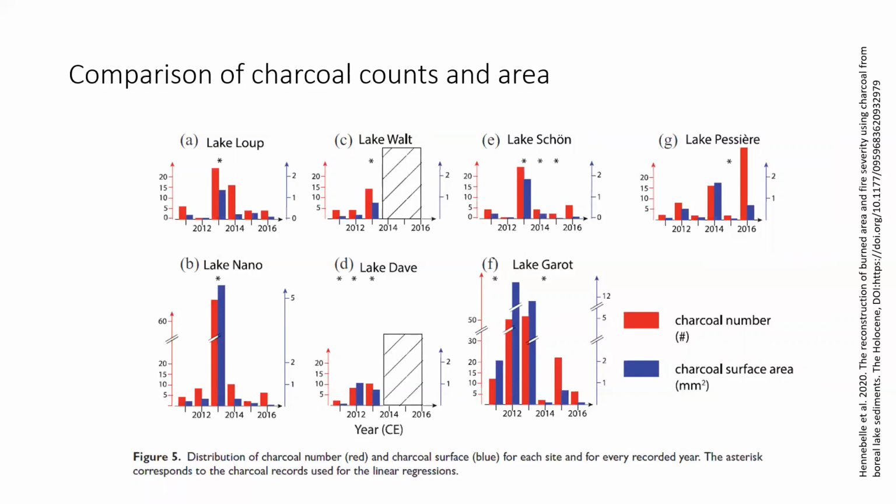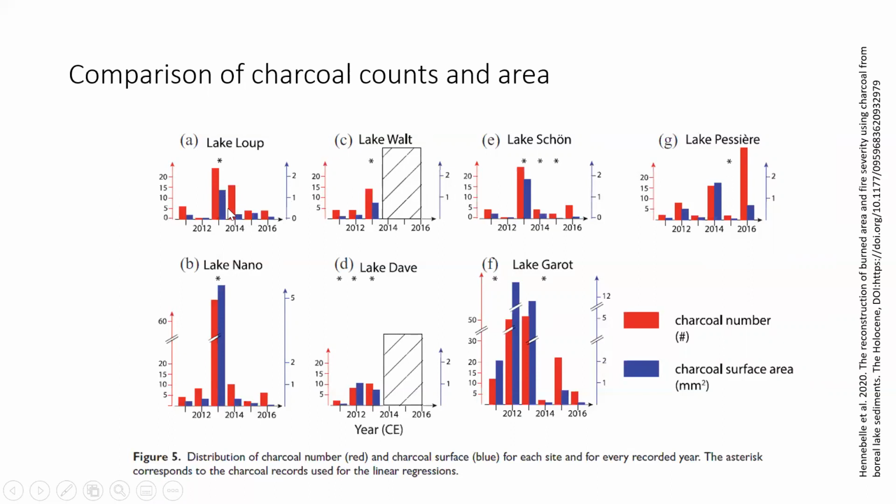But for example, here there's a study from northern Canada, in North America. You can see that the red is the number of charcoal, so the counts, and the blue is the surface area.